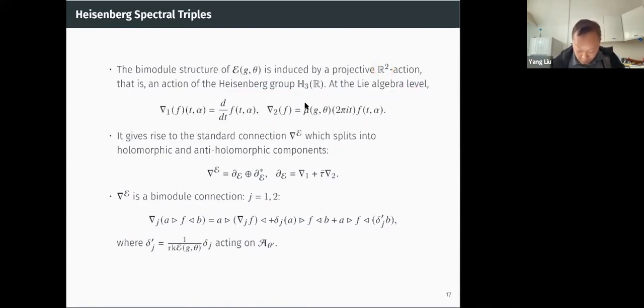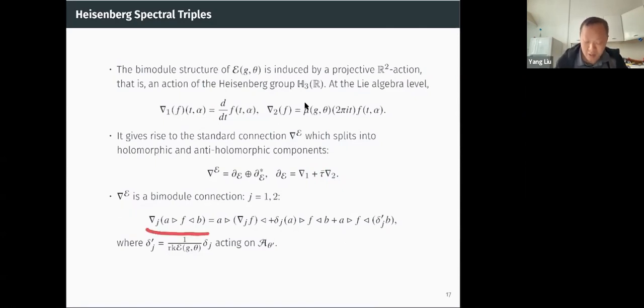So this delta 1 and delta 2 correspond to the generators of the Lie algebra of R2. And similar to the construction of the Cauchy-Riemann operator, we consider this partial epsilon. So we take a combination of delta 1 and delta 2 with the complex parameter. So these holomorphic connections satisfy the usual property, right?